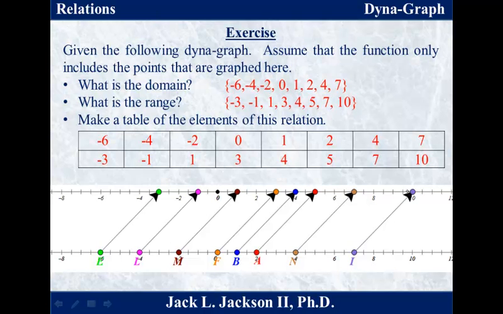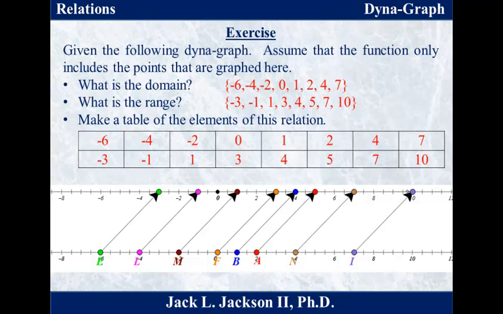Now, if we examine this a little bit, we might notice some structure in the formula and the table. We might notice some structure in the graph. What structure do you notice in the graph? Looks like to me we're graphing parallel lines on these arrows here.